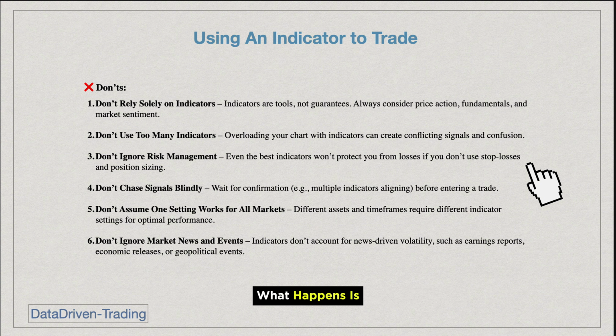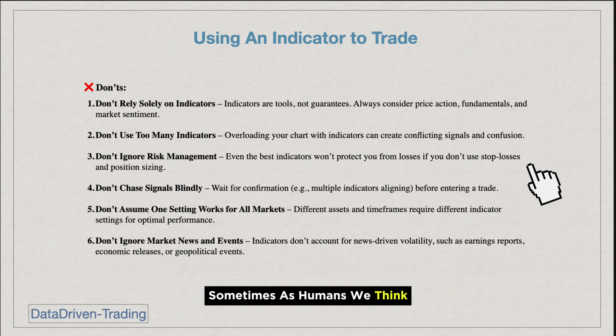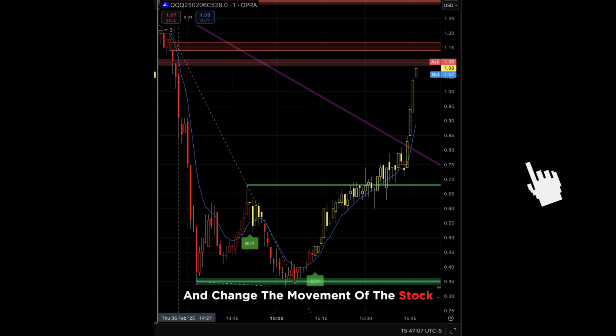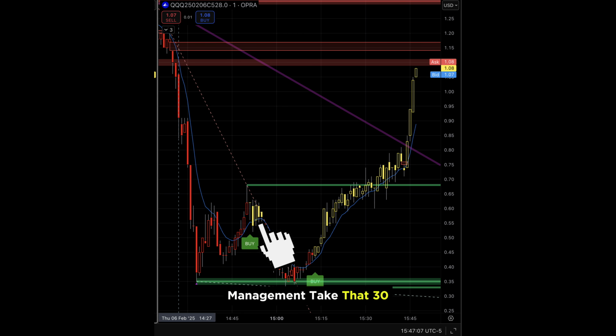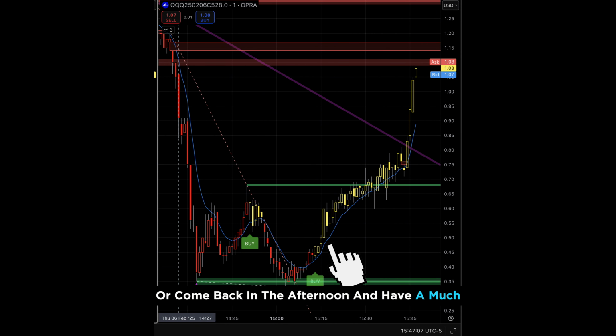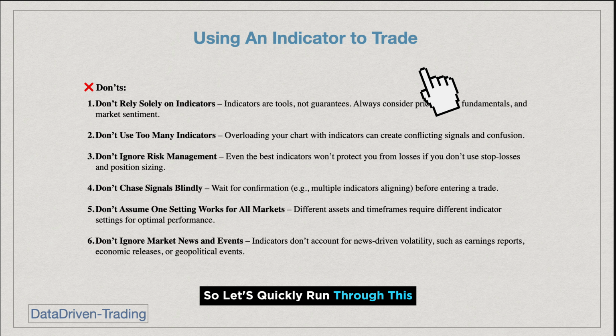What happens is when the next time comes for you to accept that loss, sometimes as humans, we believe that the indicator will come in for the rescue and change the movement of the stock when that is not true. And all you need to do is just follow your risk management and take that 30-40% loss, come back tomorrow and have a better trade, or come back in the afternoon and have a much, much better trade. So let's quickly run through this.